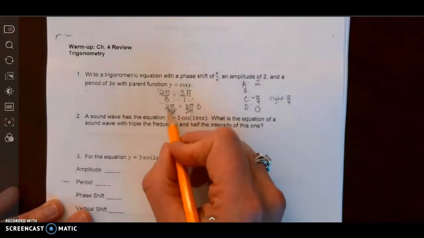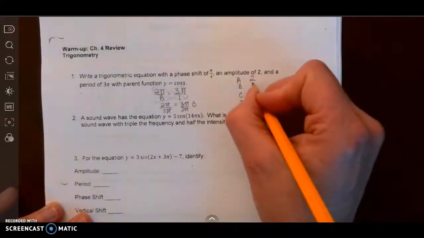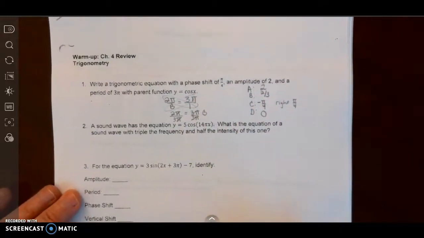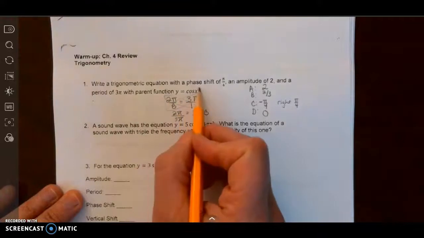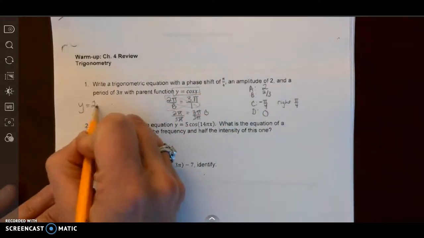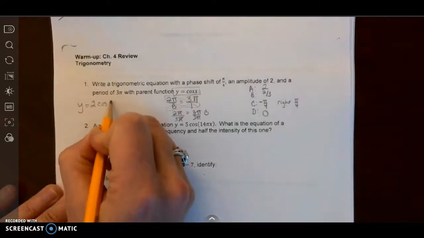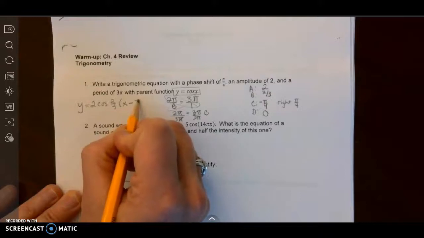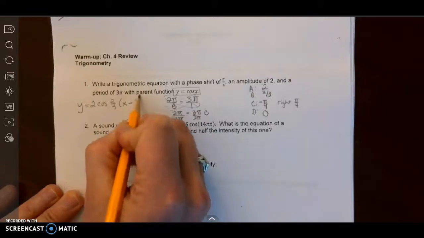B equals 2/3. Now that I know my a, b, c, and d values and the parent function is cosine, I get y equals 2 times the cosine of 2/3 times x minus pi over 4.